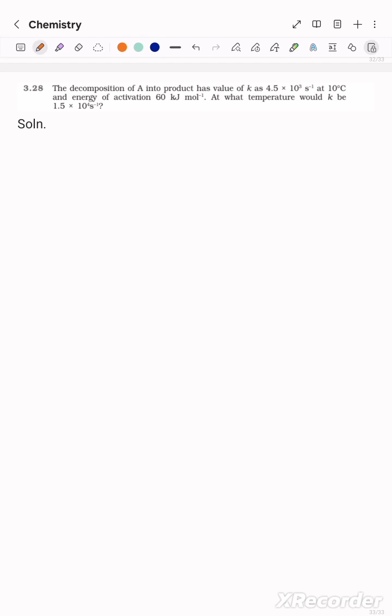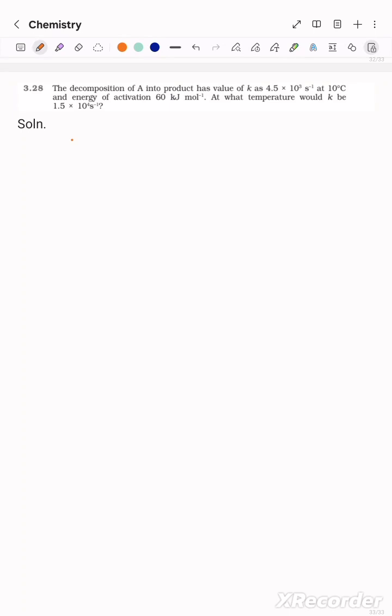At what temperature would K be 1.5 multiplied by 10 to the power 4 per second? So here again the rate constant is in per second, so the reaction is a first order reaction. Now how to proceed? As the question implies, here the Arrhenius equation is applied.